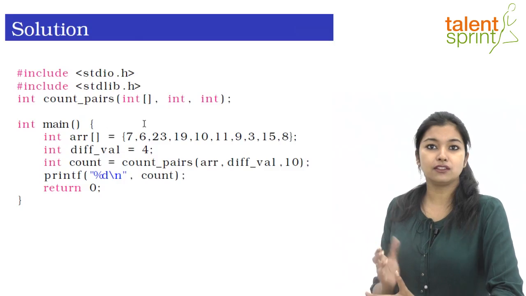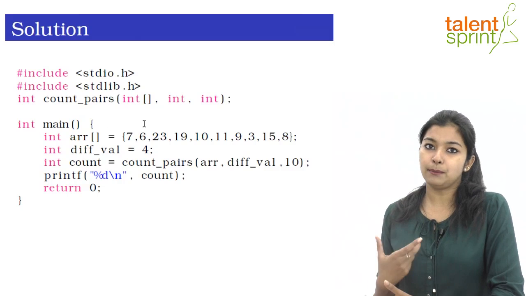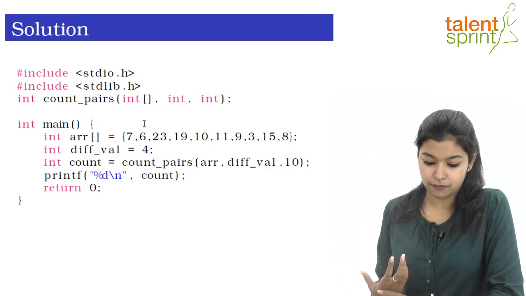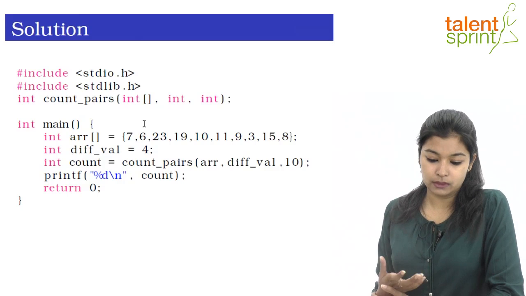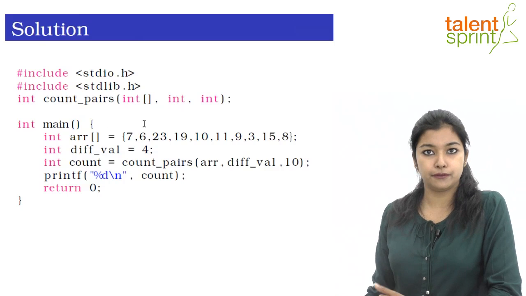Let's see how we have called these functions in our main. In the main, as you see, we have given the declaration of our function, and inside the main function we have initialized an array of size 10 with the values given, and we are looking for the difference value of 4.